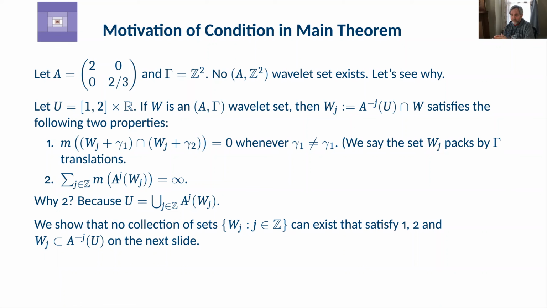We're showing something strictly stronger than we need to. We're going to show you cannot have something that packs by translations, whose sum of the measures of these dilations is infinity, and that lives in these strips.